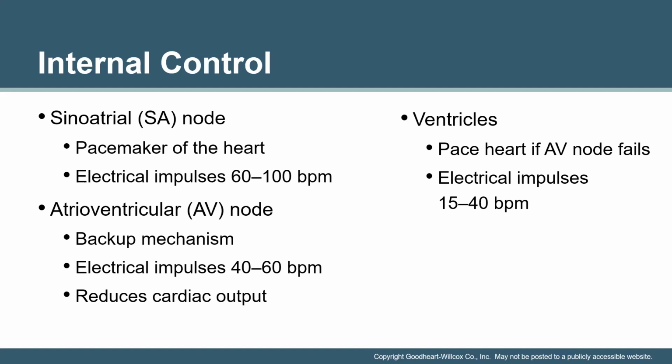This is known as the pacemaker of the heart, and it is responsible for triggering the electrical impulse chain of events that happen within the heart. Okay, and once triggered, will inspire a heart rate of between 60 and 100 beats per minute. The sinoatrial node is specialized endothelial cells within the right atria of the heart.